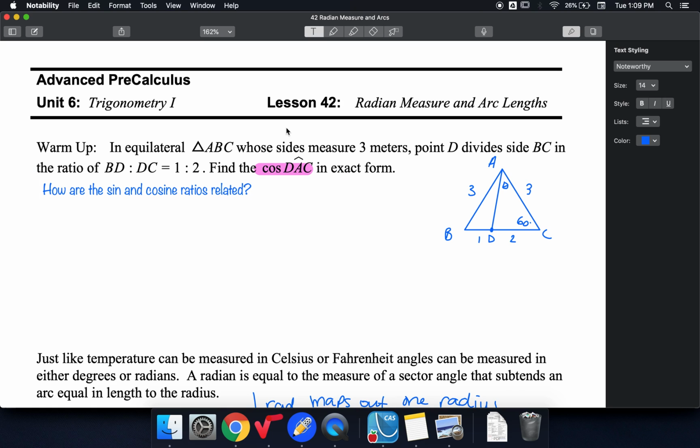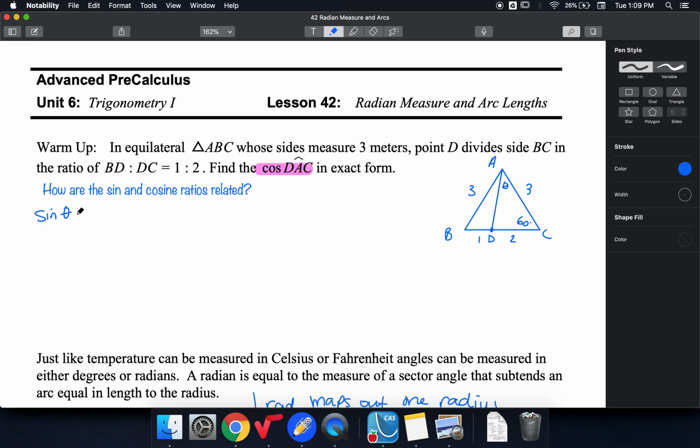So I know that in a right triangle, sine theta is opposite over hypotenuse. In a right triangle, cosine theta is adjacent over hypotenuse. And the Pythagorean Theorem tells me that opposite squared plus adjacent squared is hypotenuse squared.